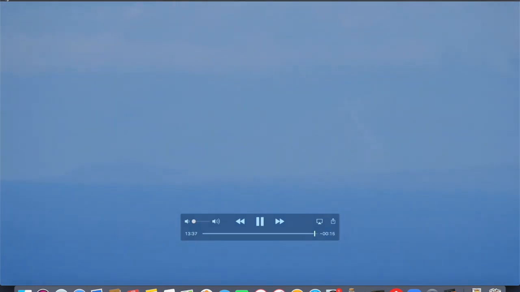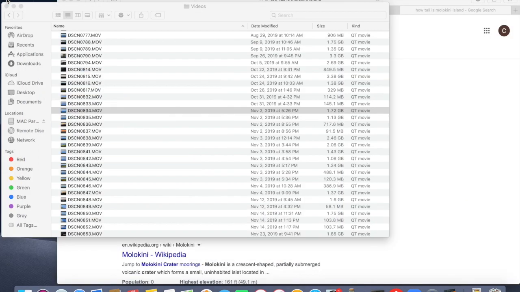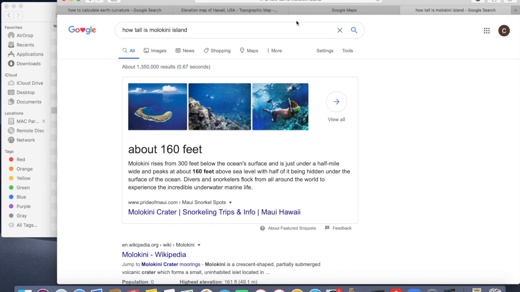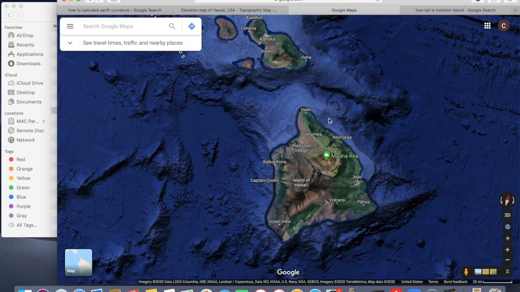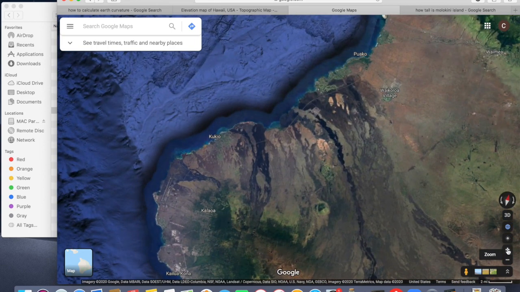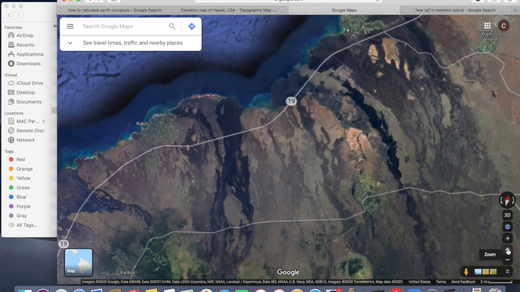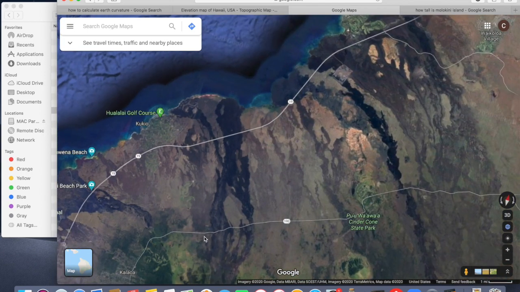Okay, so let's see, that's Mauna Kea. Let's do another piece of map here, to see how far I was, how far away I was from Hana to Kona, from my observation point right next to the highway, around 2,000 feet of elevation.